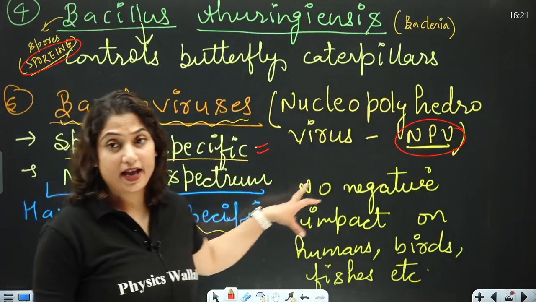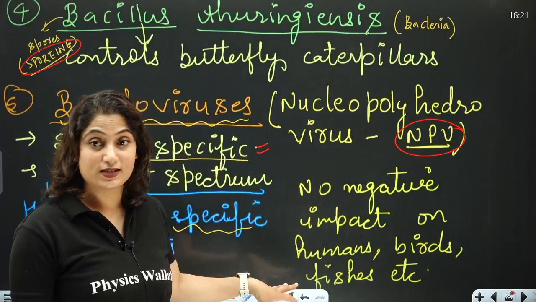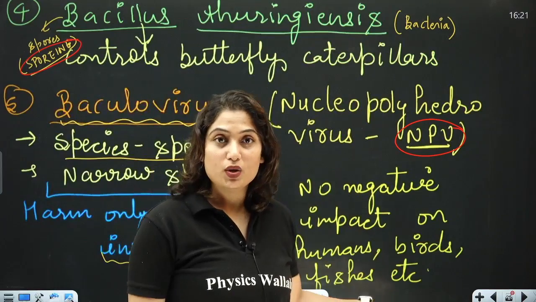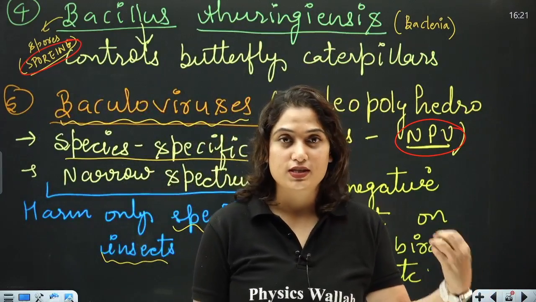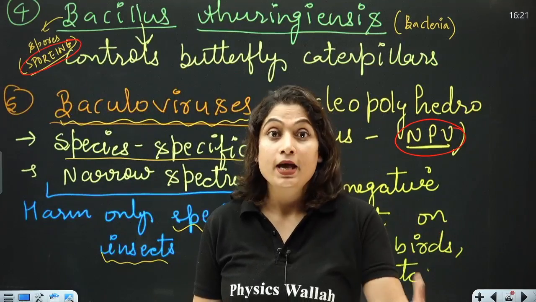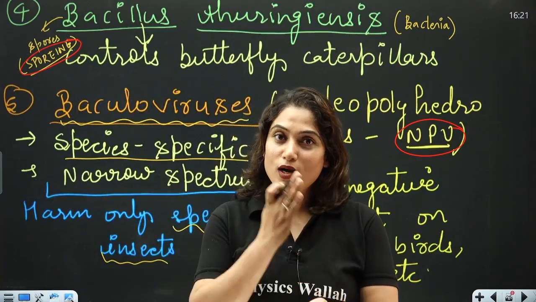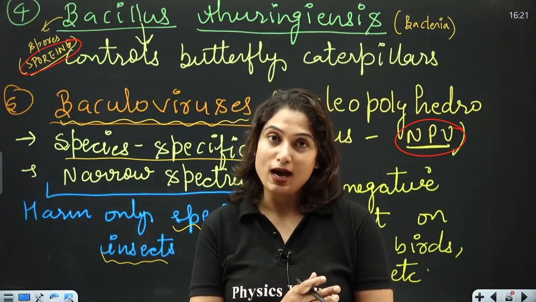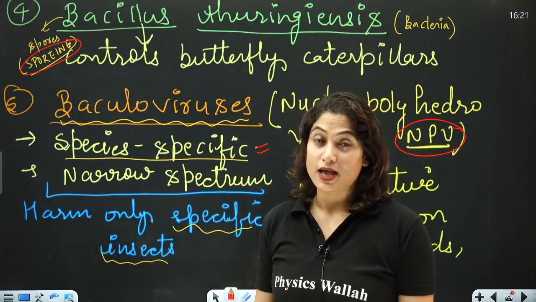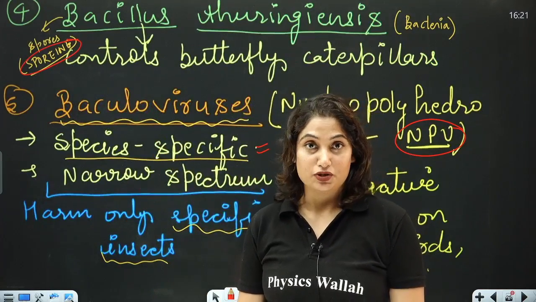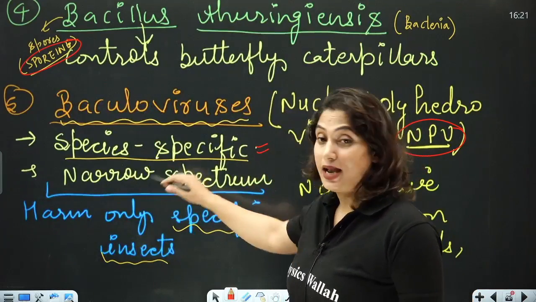So they do not have any negative impact on humans, birds, fishes, because you know the bioinsecticides have so much negative impact on the fishes in the aquatic body, on us. But these baculoviruses kill only insects and they do not have any harmful effect on us, on fishes and on birds. So they are very good biocontrol agents. And what you have to remember here is that they are species specific and narrow spectrum.